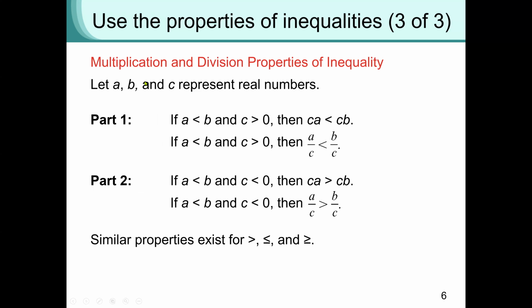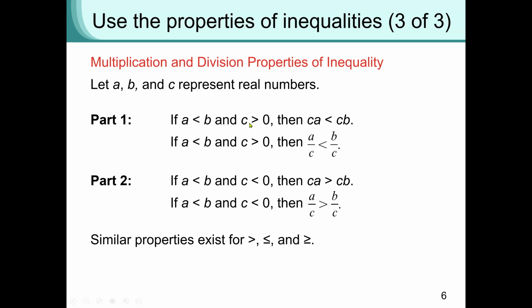Now we go to the multiplication and division properties of inequalities. Here again, we have three real numbers, A, B, and C. Part one says if A is less than B and C is greater than 0, then A times C should be less than B times C. The key here is that C is greater than 0.